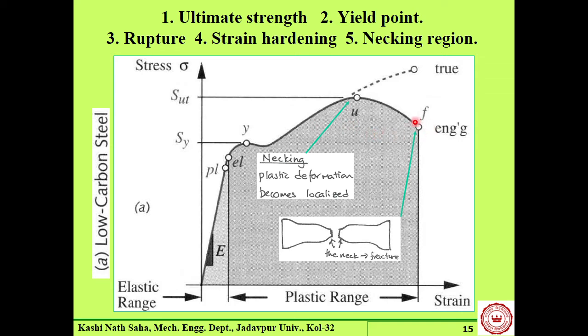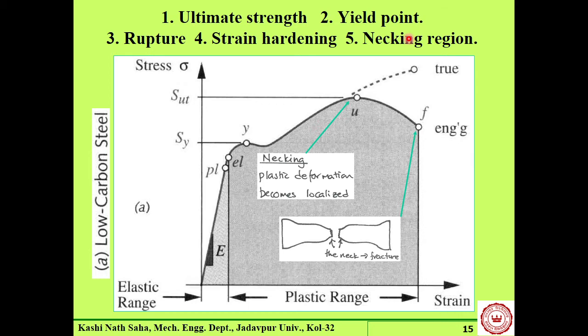This is the rupture value, the rupture stress or fracture stress. This is from where necking starts. Necking, you understand from the diagram, is when the change in diameter is quite appreciable.